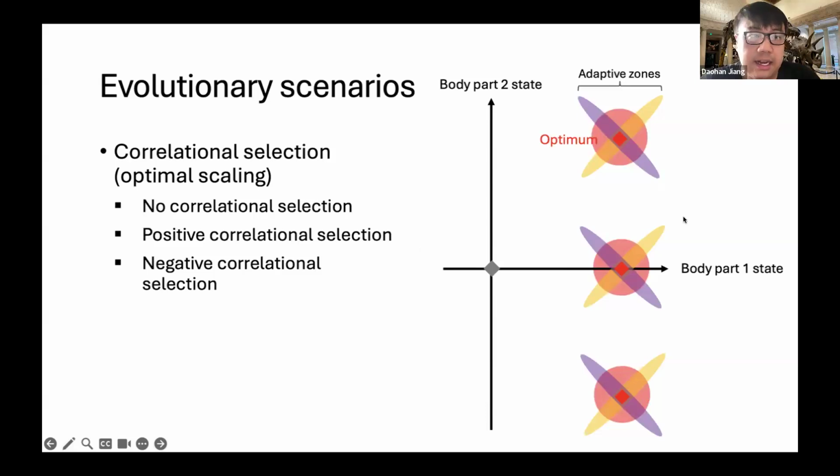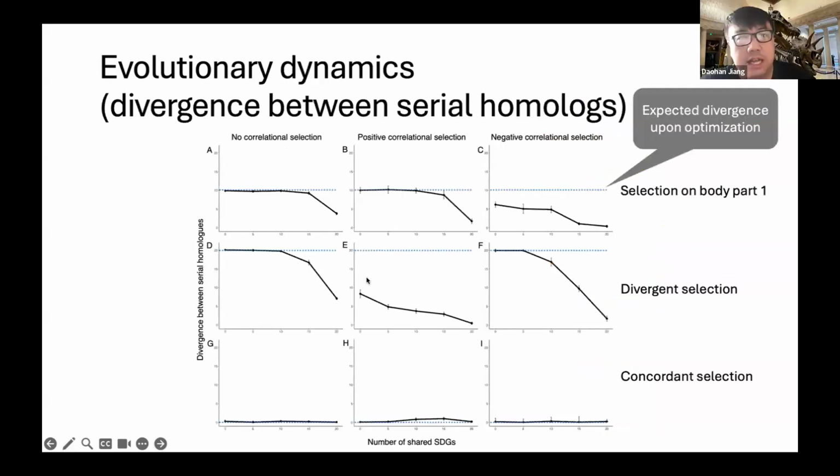And lastly, there are different scenarios of correlational selection characterized by the adaptive zones. There are different directions of correlation. So together, there are 9 combinations of directional and correlational selection. Here's a summary of the simulation outcome. The x-axis is the number of shared targets by the 2 identity genes, and the y-axis is the phenotypic divergence between serial homologs.